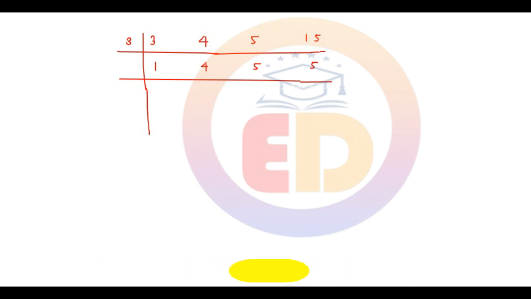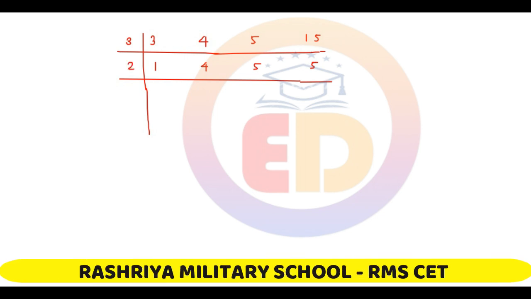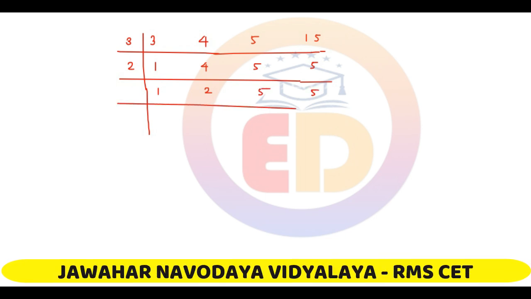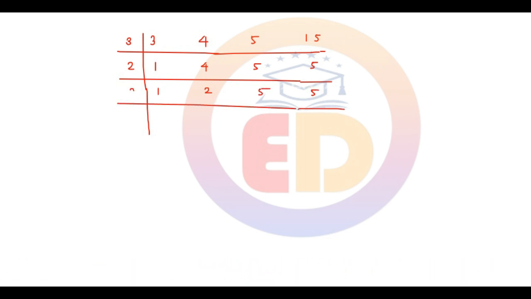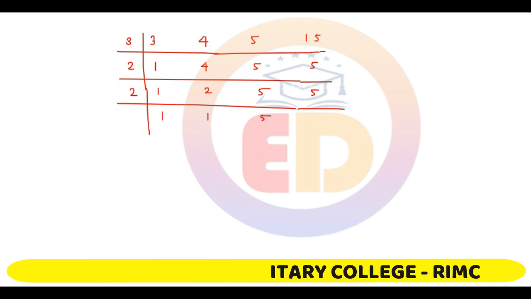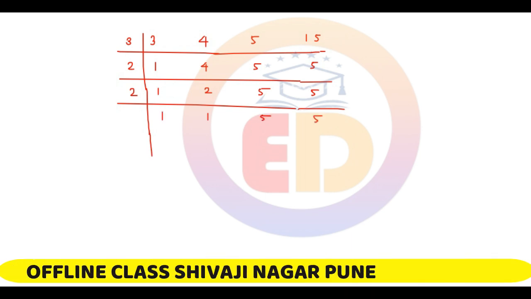4 will give me factors 2, 2 times. This is 2, this is 5, this is 5. Let's divide by 2 again. This is 1, 1, 5 and 5. And let's now divide by 5.